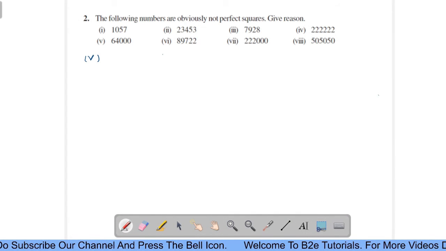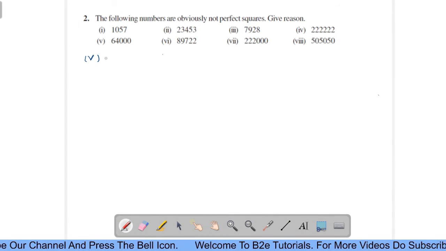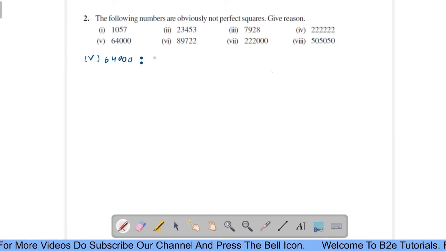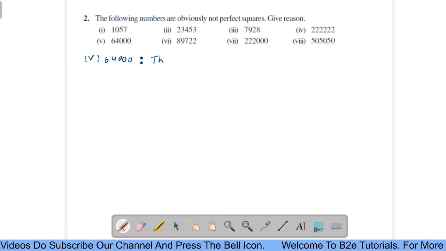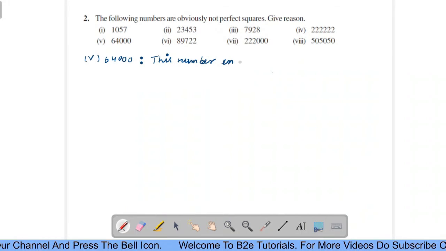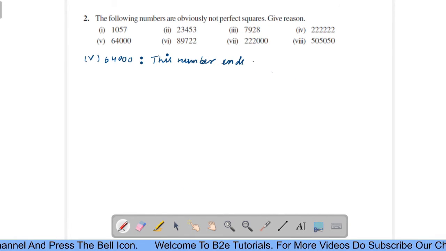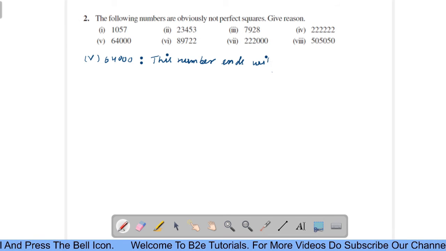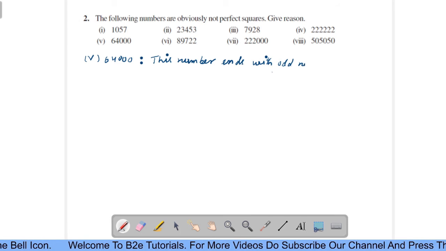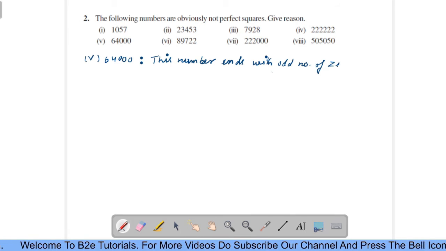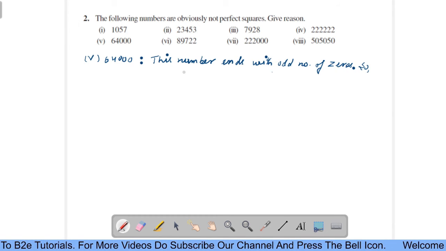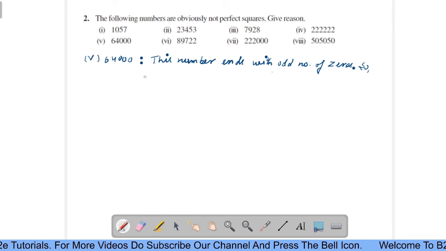Now come to fifth part, 64,000. This number ends with an odd number of zeros, so it is not a perfect square.